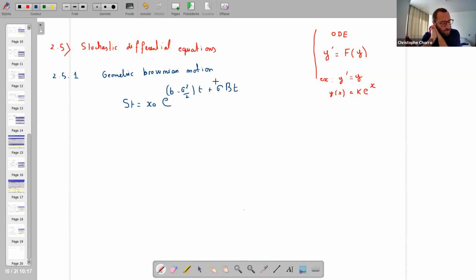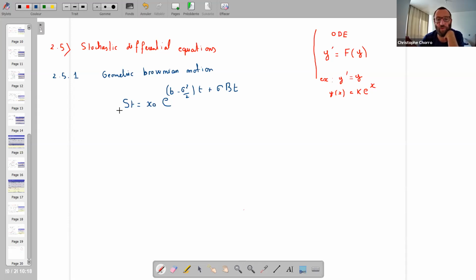What was nice with this geometric Brownian motion is that, since I am able to generate discretizations of the trajectory of the Brownian motion, if I give you the parameters x0, b, and sigma, you will be able, applying this formula, to generate discretizations of the trajectory of a geometric Brownian motion.